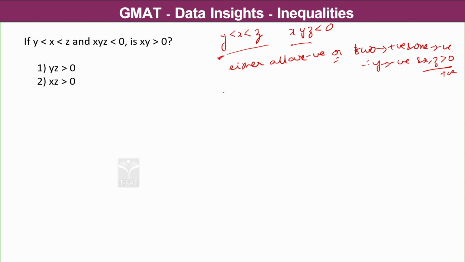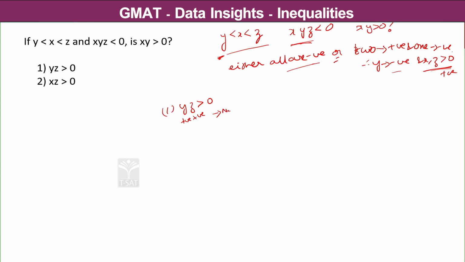So, these are the two ways that this equation can be fulfilled, that x into y into z is less than 0. So, the question is asking us, is xy greater than 0? Okay, statement 1 is telling us that yz is greater than 0. So, either y is positive and z is positive, which is not possible. Here we have seen that either all are negative or y is negative and z is positive.